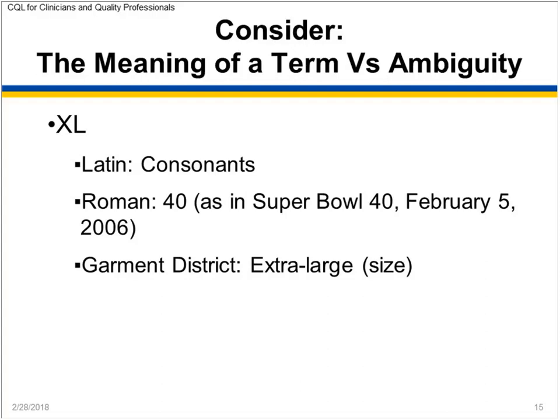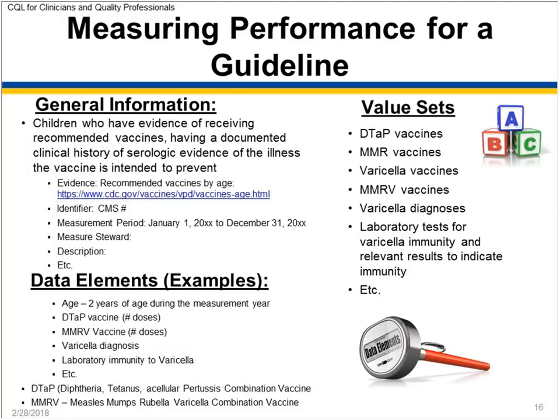Next slide. So let's now take a guideline in the same concept when we talked about the recipe. There's general information we call metadata, or the header, the table at the top of the measure.